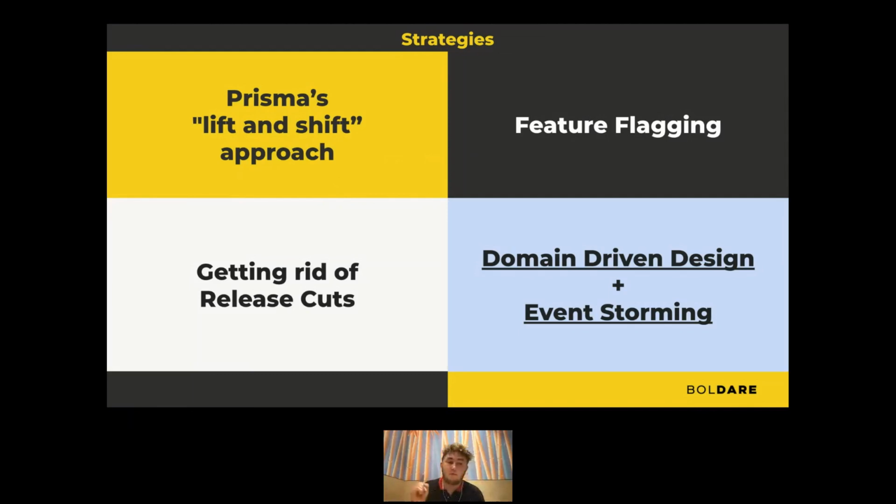And getting rid of the release cuts. It's so much 90s. Get rid of release cuts, trust me. CI/CD, such concepts, embrace them, use them, learn from this journey from release cuts to continuous deployment and delivery. That will also be a fun ride.